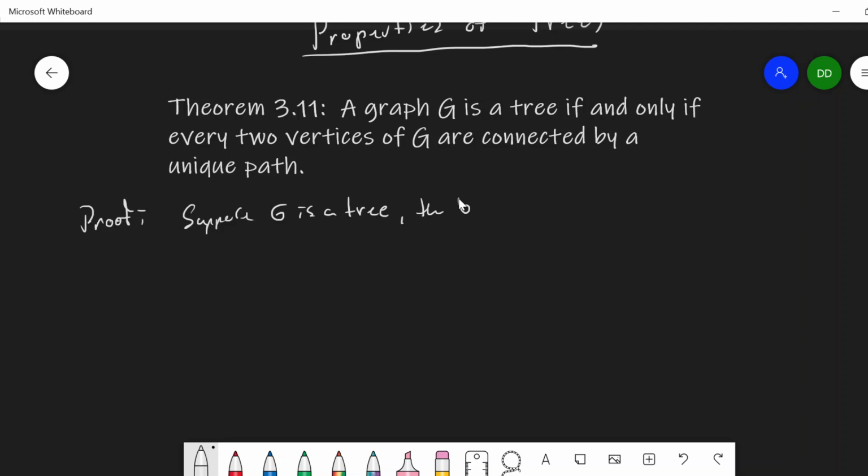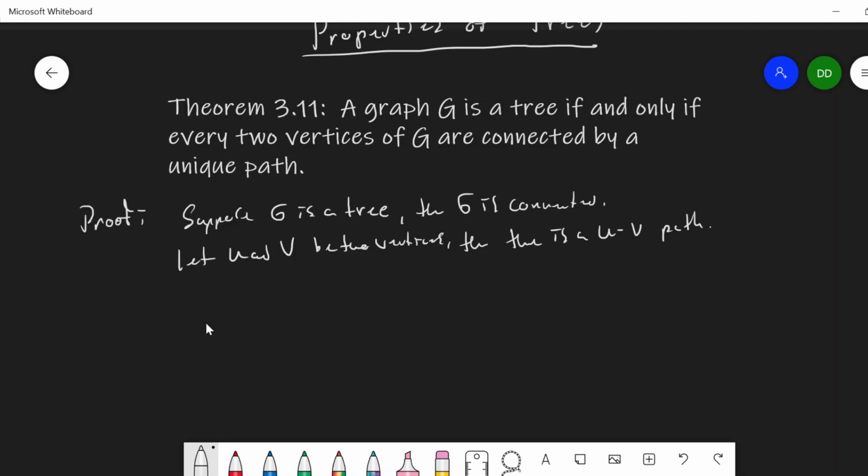Then G is connected. Let U and V be two vertices. Since G is connected, there is a UV path. So here's my U and my V. There's some path connecting these vertices.